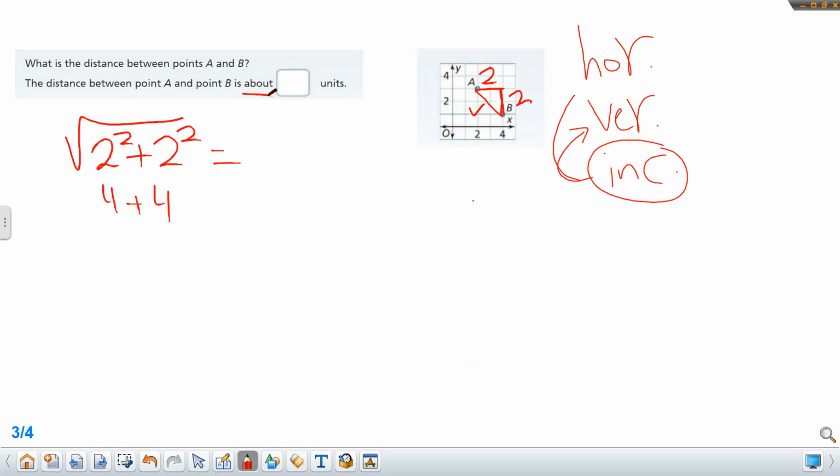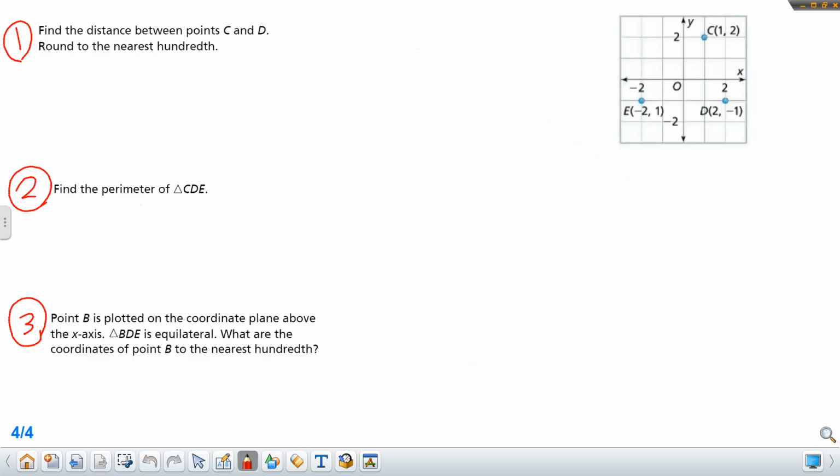The answer will be 2.8, so approximately 3 units. So if you want to find inclined distance, you will need the horizontal distance and vertical distance. Okay, let's go to the next example.